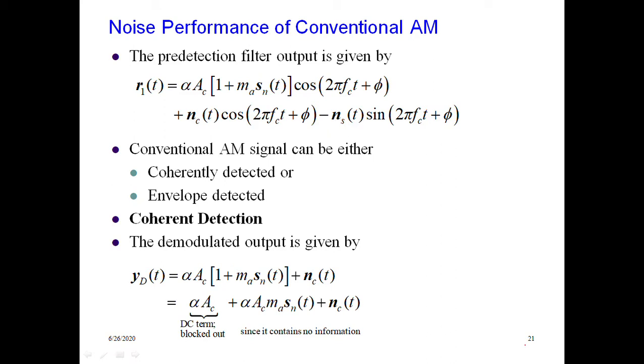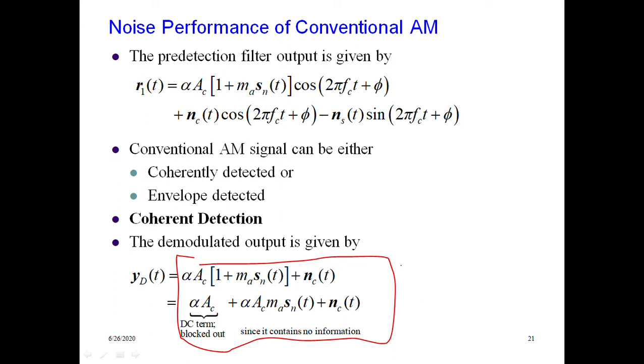To find the noise performance, this is to explain the pre-detection, and then at the demodulated signal, we have YD(t), the original signal, which we multiply by cos 2π fc t.